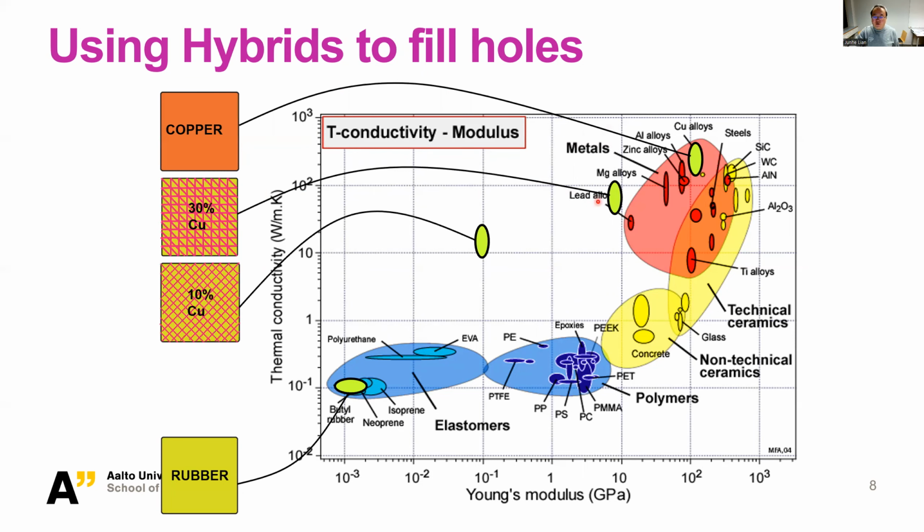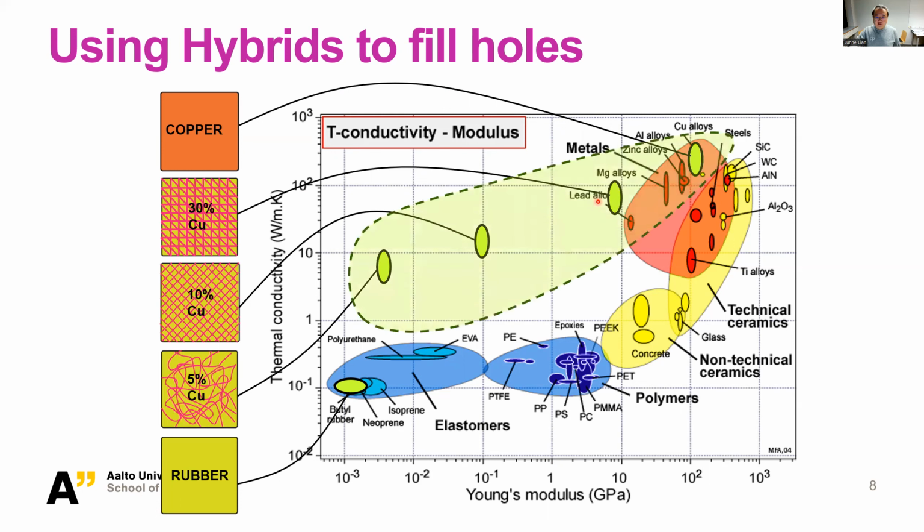And if you decrease the volume fraction of copper to 10% to 5%, you will see we basically created some new materials, or hybrid materials, which are filling this hole. So this is something we want. We want to get a big space of possibilities of materials that we can easily choose, no matter which direction we're going. And this is a simple example to show you the power of hybrid materials.